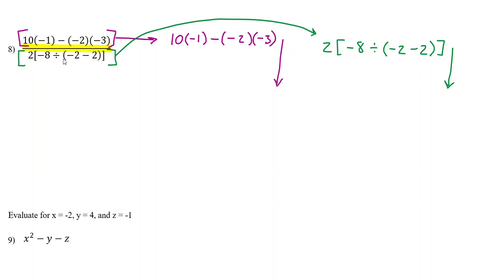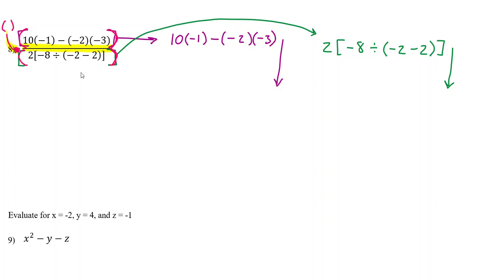So I want to point out that what we're demonstrating here is the fact that the fraction bar acts as a division symbol. So it means divide by, the top divided by the bottom. But it also acts as a parenthesis, and it says take the top and simplify it as much as you can, and take the bottom, simplify it as much as you can before you do the division of the top divided by the bottom.